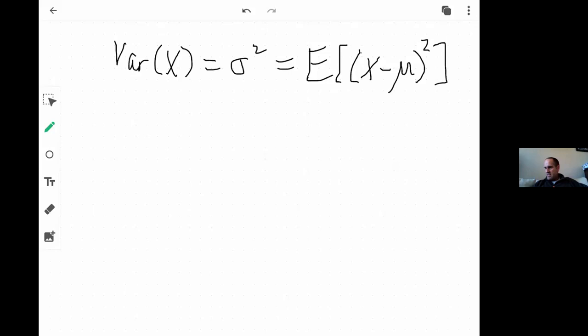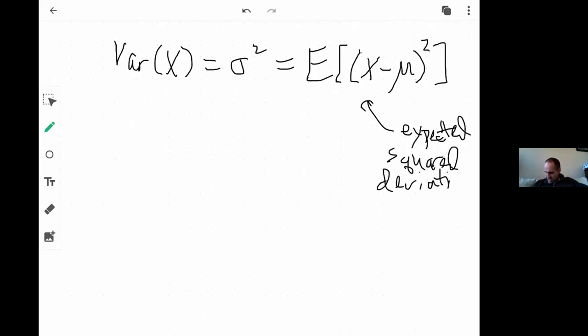Let me write that down. You're measuring how much x is deviating away from the mean. You're taking the average deviation.